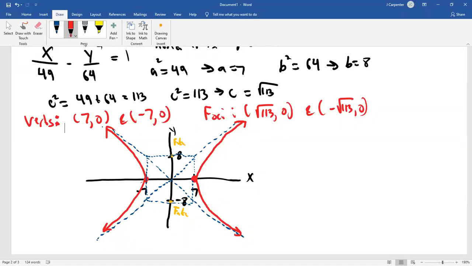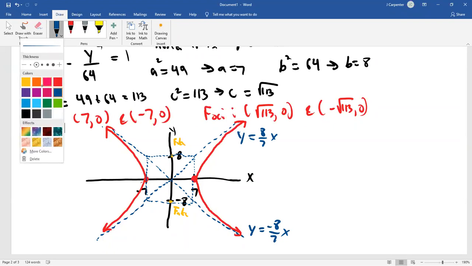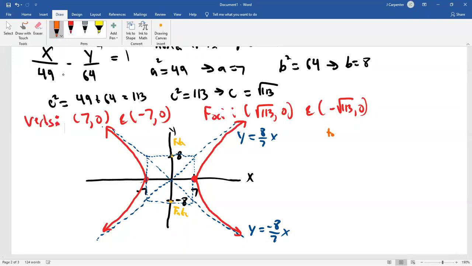And then the same thing would happen for this one that's going down, because there's two lines, there's two equations. What it ends up turning out to be is y equals 8 over 7 x, and y equals negative 8 over 7 x. That's the equations of those two lines. I'll show you the derivation of the top one.